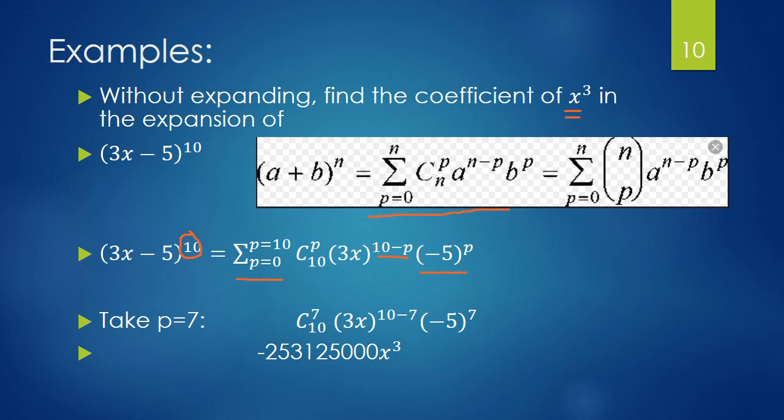If p equals 7, we get C(10,7) (3x)^(10-7) (-5)^7. Using a calculator, C(10,7) is equal to 120. We multiply it by 3^3, and we multiply it by (-5)^7, so the coefficient of x^3 is this number.